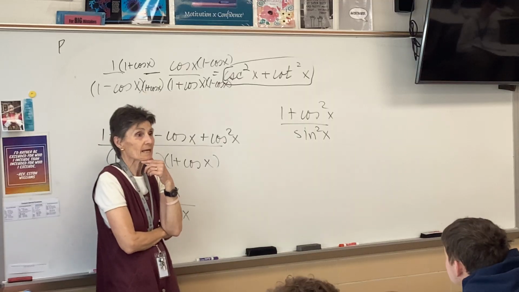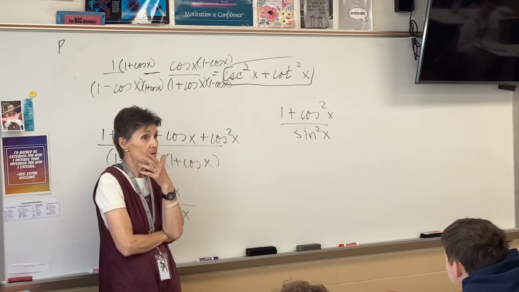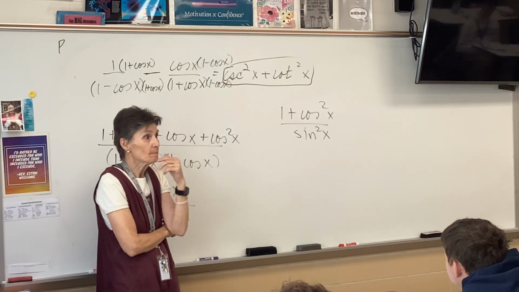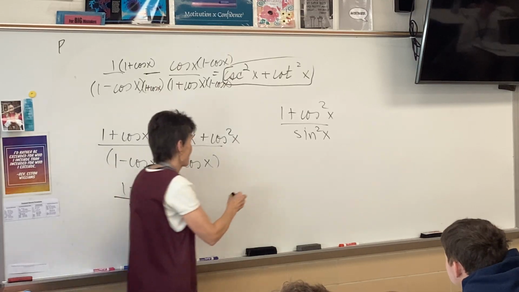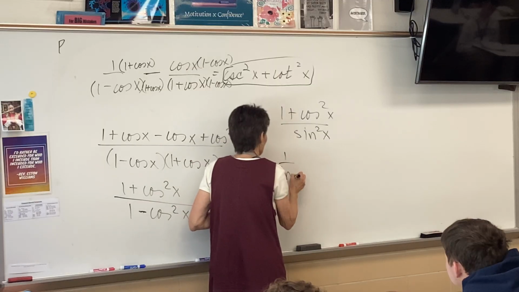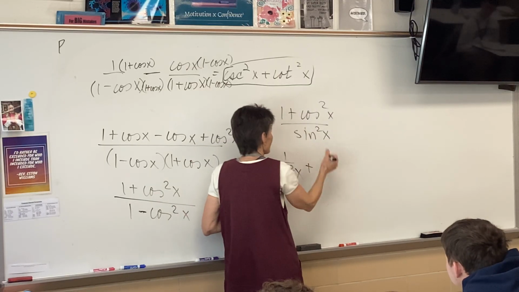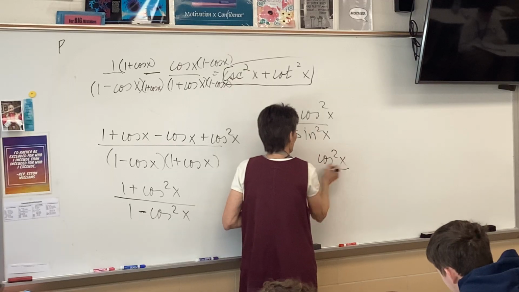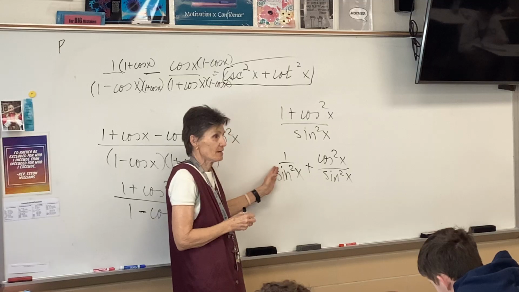Anybody see a way to make that happen? Real easy. Charlie? Make it one over sine squared x. Would that be times? No, plus, sorry, plus cosine squared over sine squared. So in other words, un-common denominator it.